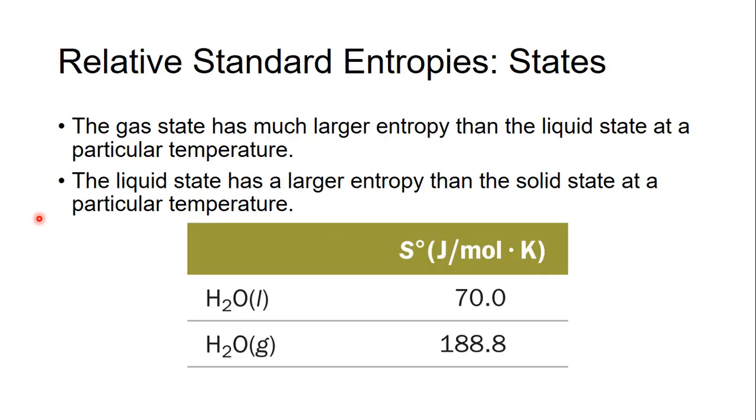Now let's look at these standard entropies and get some sense of the values associated with them. Our first comparison is gas to liquid. Gas has a higher standard entropy than liquid, which makes sense. Gas has more different states it can be in. It can spread its energy in different ways, therefore its entropy is bigger.